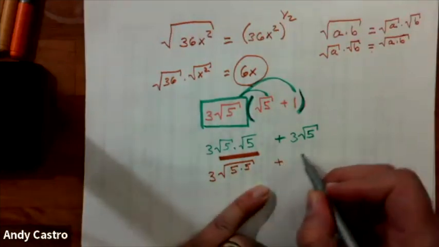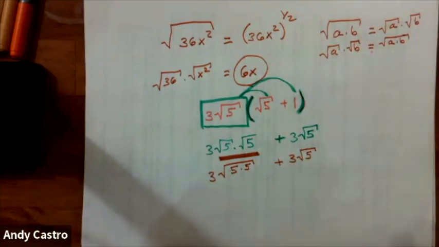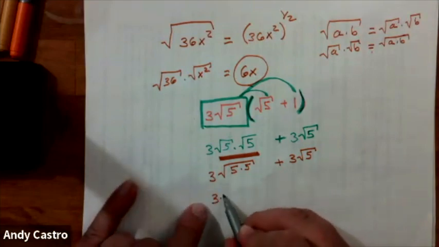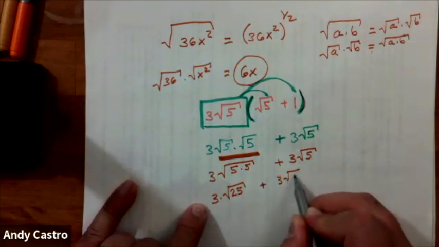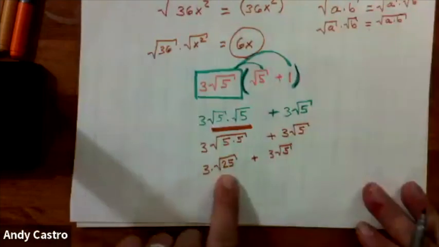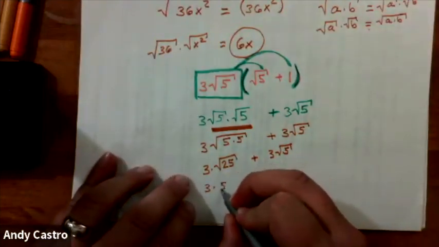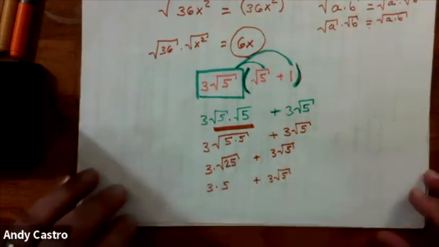Then here, plus 3 times the square root of 5. 5 times 5 is 25. 3 times the square root of 25, plus 3 times the square root of 5. The square root of 25 is just 5. 3 times 5 plus 3 times square root of 5.